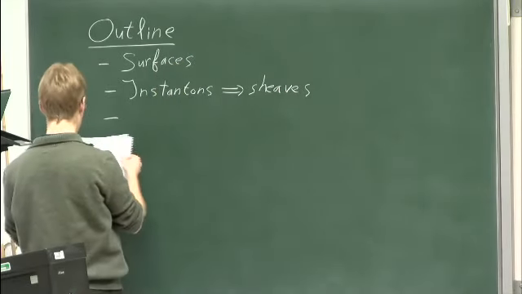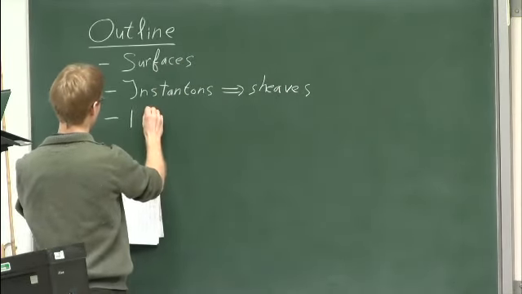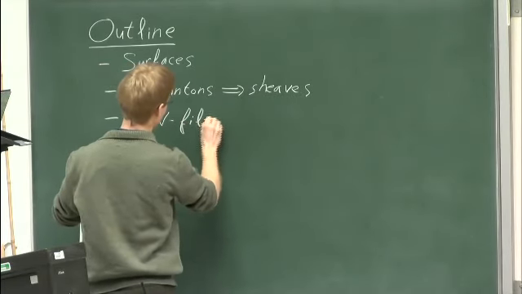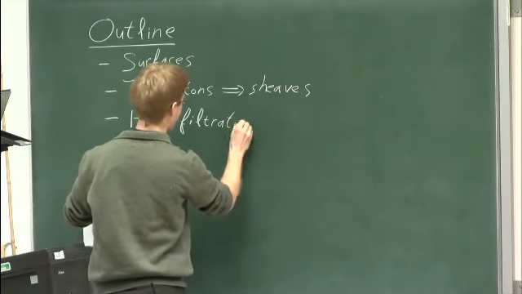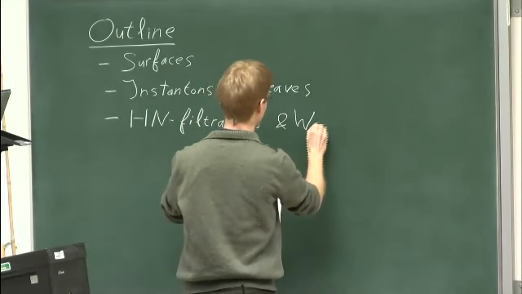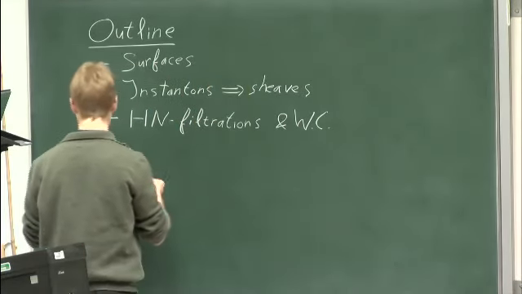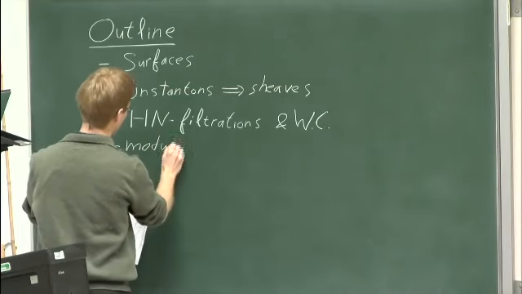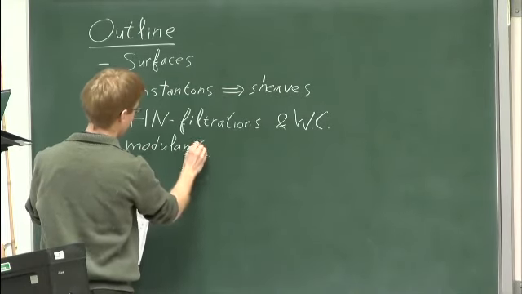Then we get to the mathematical aspects about so-called Harder-Narasimhan filtrations and wall crossing. And if I have time I will discuss a little bit the modularity for rank 1 and rank 2.